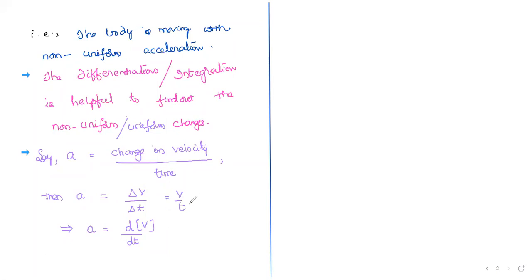Is it correct? Delta and delta cancel at numerator and denominator? Will we cancel like this? It is like sine 30 by sine 60, where sine cancels and it becomes 30 by 60, then 3 by 6, which is 1 by 2. Is it correct? Yes. We may go into some misconceptions sometimes.